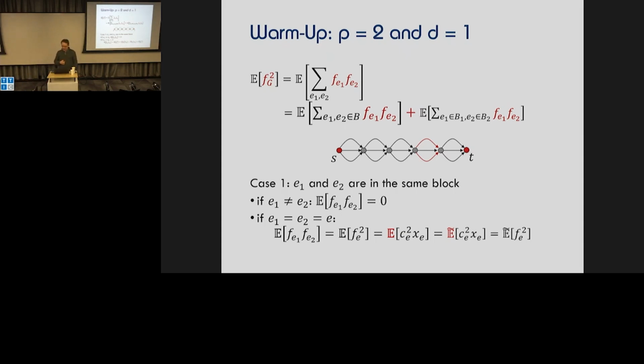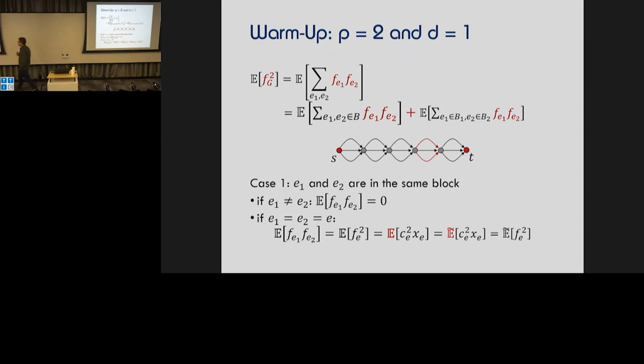In the second case, e1 is equal to e2. Let's say it's equal to e. And in that case, we write that the expectation of f_e1 times f_e2 is equal to the expectation of f_e squared. Now we write the definition of f_e. f_e is equal to c_e x_e. And we know that x_e squared is equal to x_e.